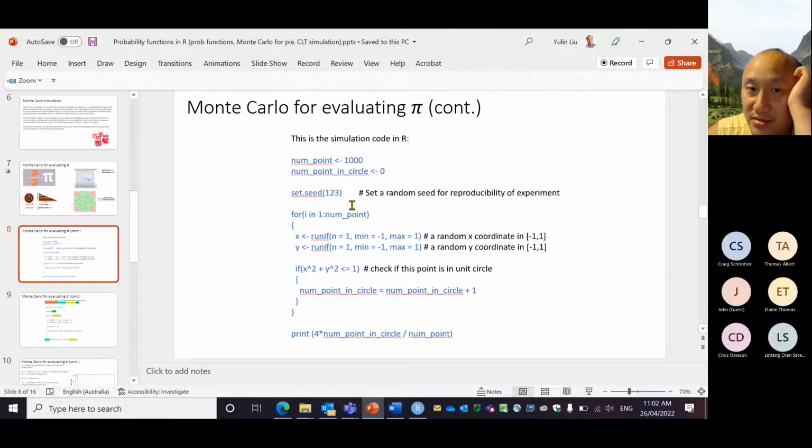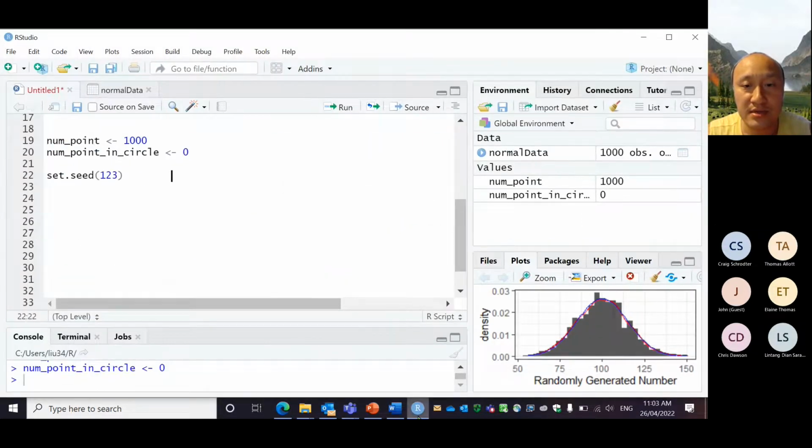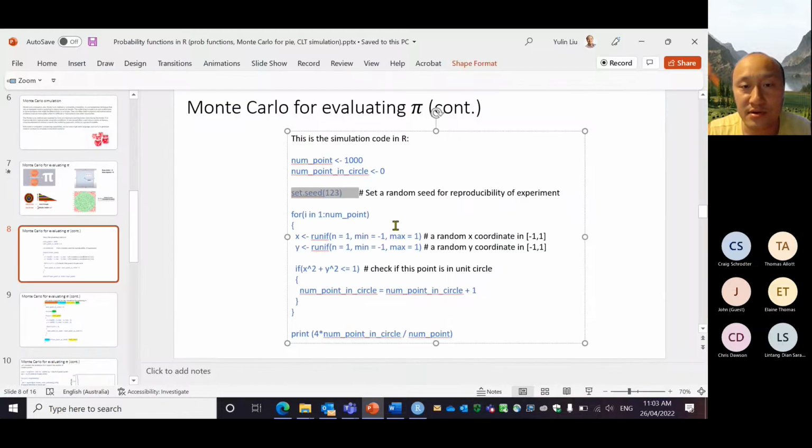We can nominate it. Here I'm going to use 1, 2, 3 as the random seed number. You can use whatever number you like: 100, 1,000, 500, 1 million, it doesn't matter. So if I run again tomorrow, or share with my friends, if we use the same random seed 1, 2, 3, we should get the same results.